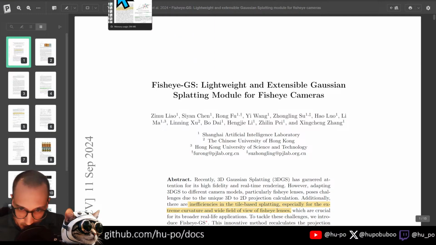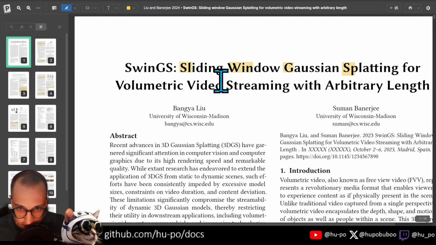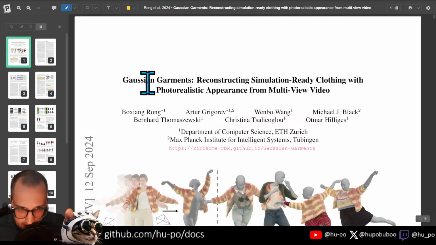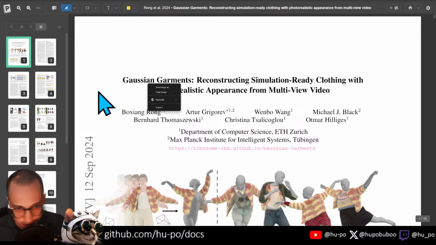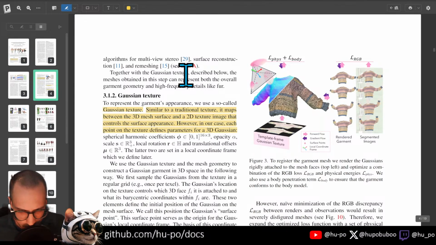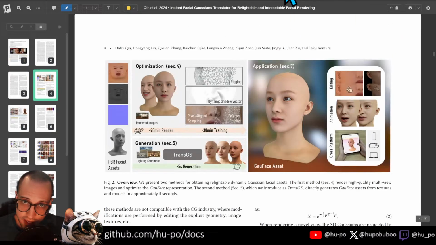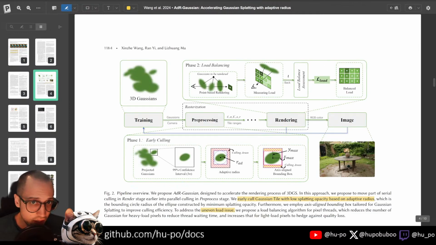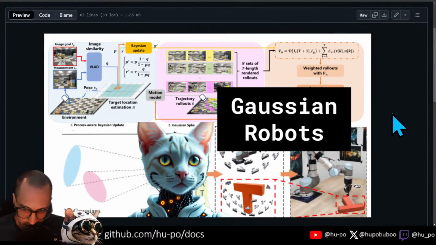You know, everything from Fisheye-Gaussian splats to sliding window video streaming splats to even really weird bespoke things like Gaussian garments. So rather than going through each of these papers individually, I'm going to try to pull out a little bit of alpha from every single one of these, and then hopefully we can paint a bigger narrative here, which is what is happening with Gaussian splats from the perspective of robotics.